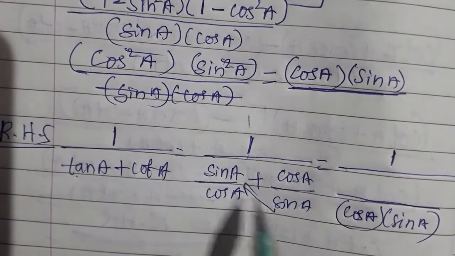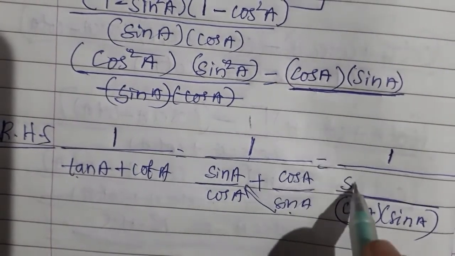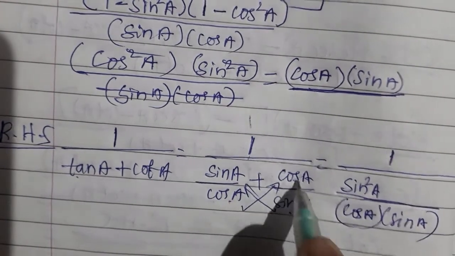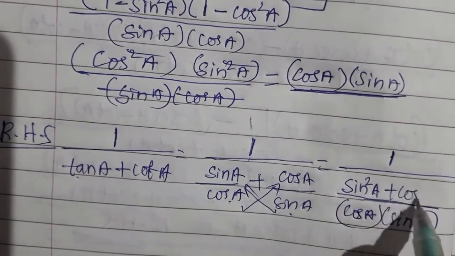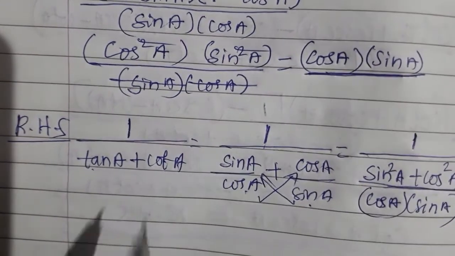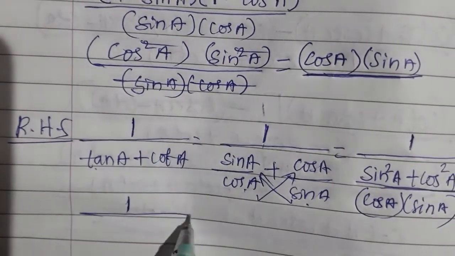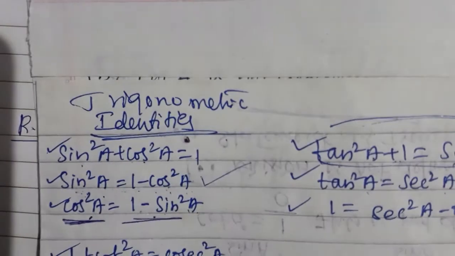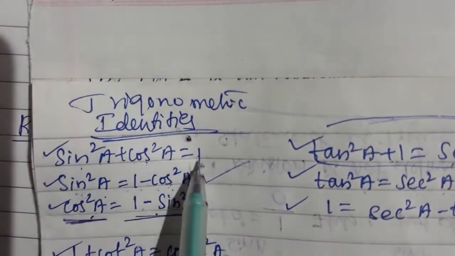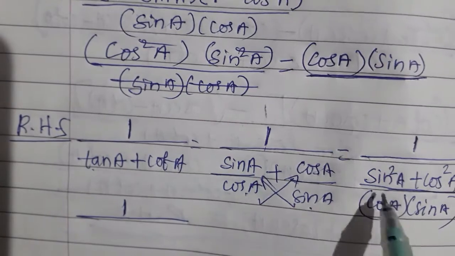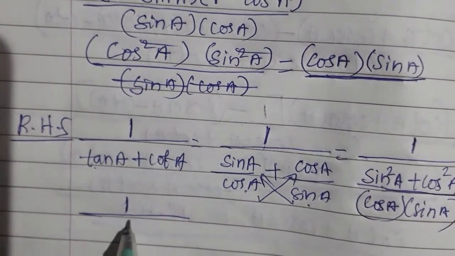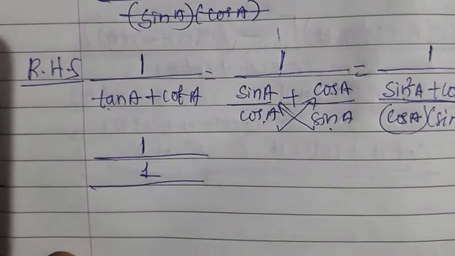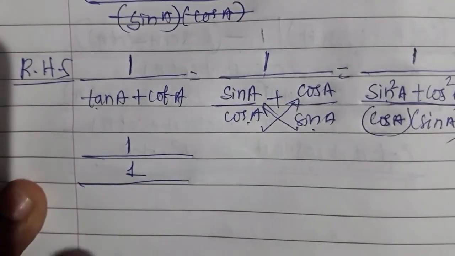Now cross multiply. Sin A into sin A, sin square A. Cross multiply. Cos A into cos A, plus cos square A. Now you know the identity. What is that? Sin square A plus cos square A is equal to 1. In place of sin square A plus cos square A, I will write 1. And then in the denominator, what will I get?